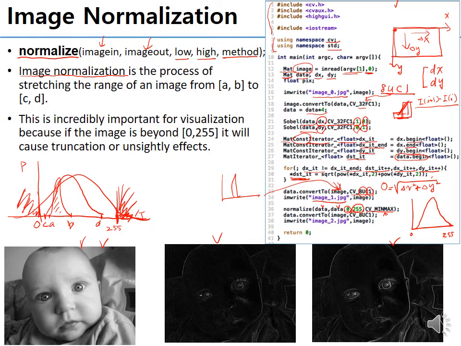This data is converted to 8-bit unsigned integer, so it is saved to image 2. This is image 1, and this is image 2. This is the result of normalization, and we can see more clearly over here. That is the benefit of normalization.